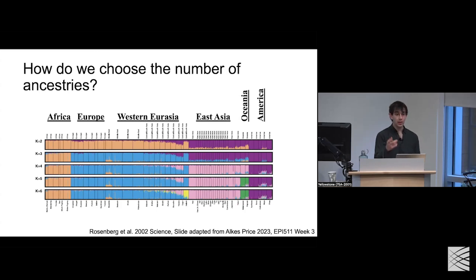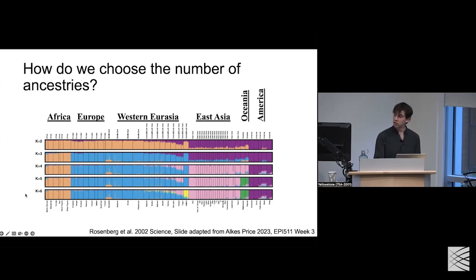So, do we have to provide this method with the overall number of ancestral populations? And the answer is yes. Here we run this algorithm on a big data set, varying numbers of populations.